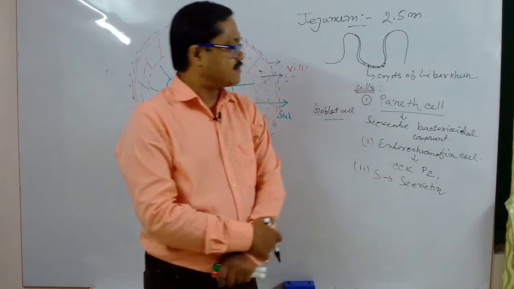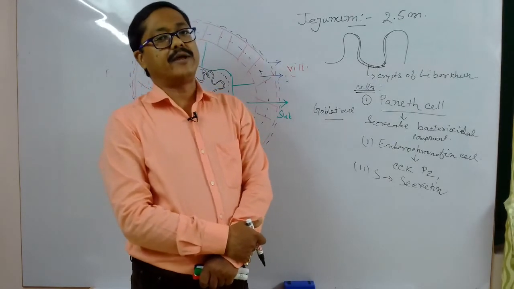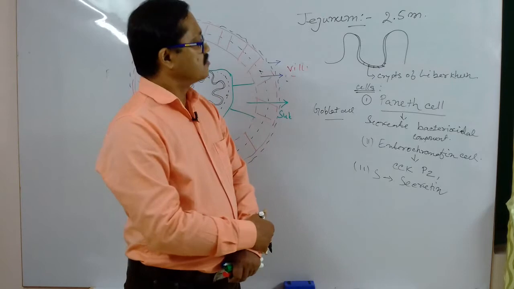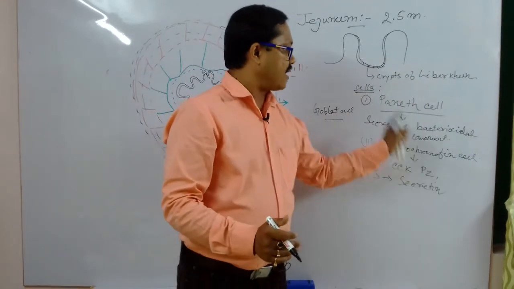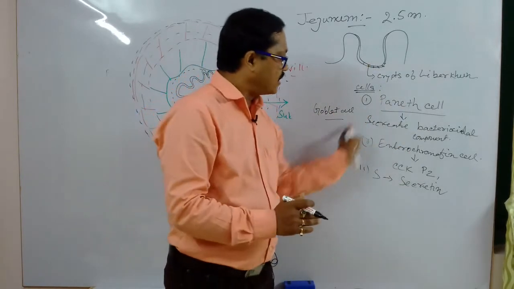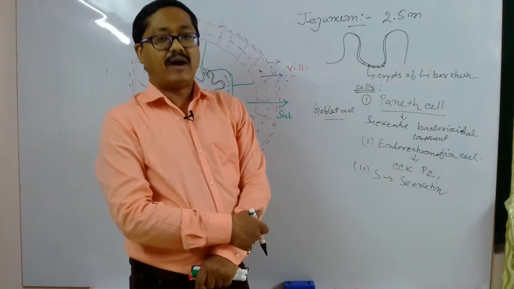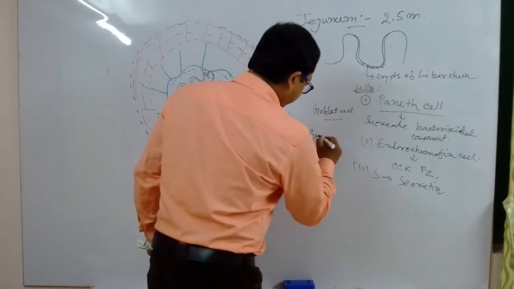Secretin also helps the secretion of the Succus entericus. Several types of cells are present, and these cells secrete different components, and all these components together with water form the Succus entericus.